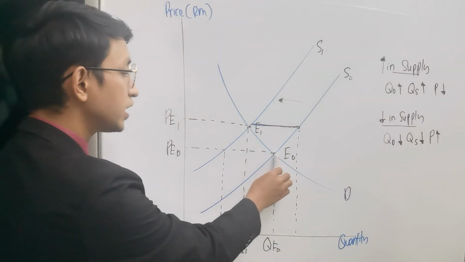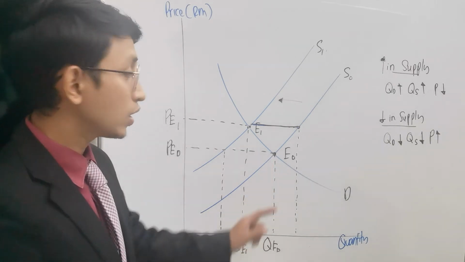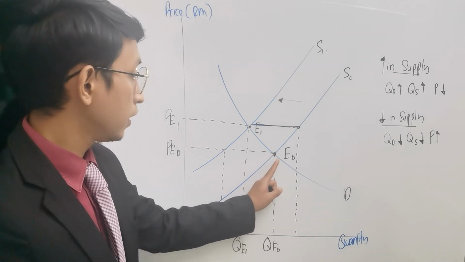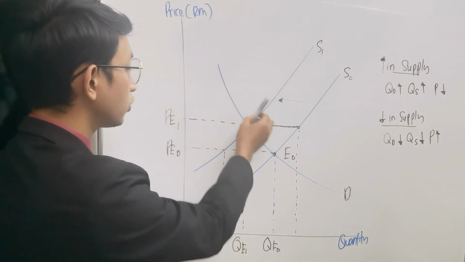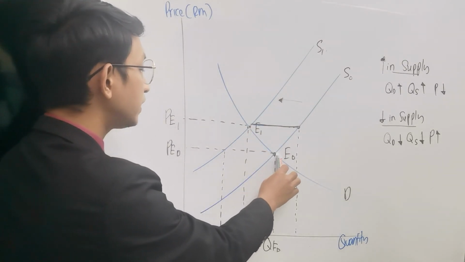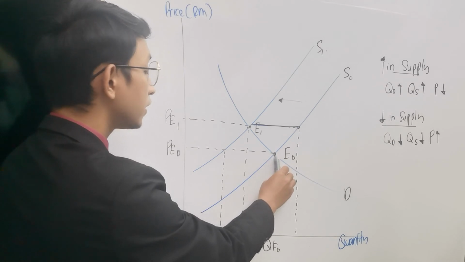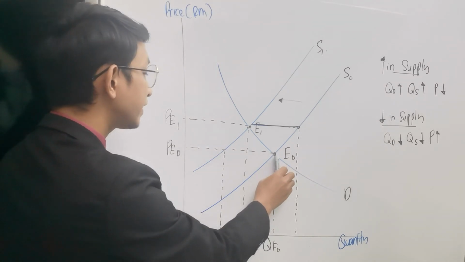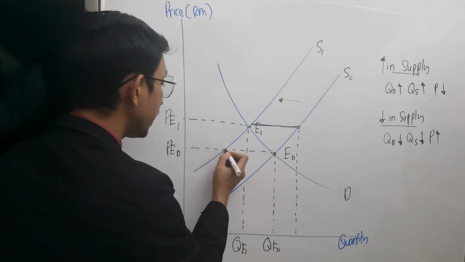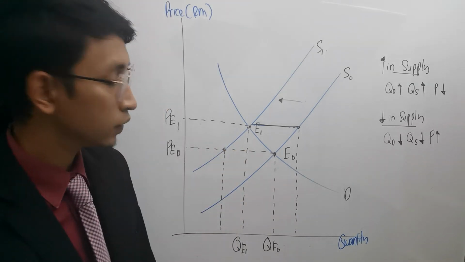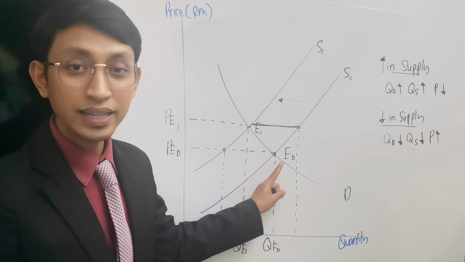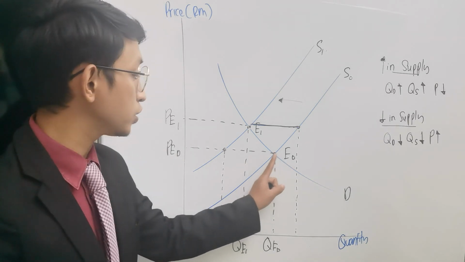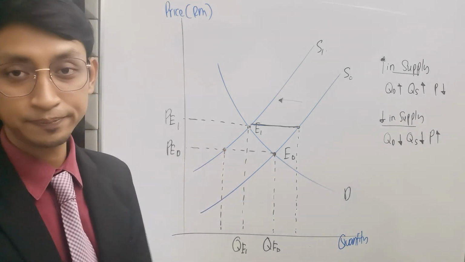So this is our original point where the quantity supplied prevailed. What happens if our supply curve shifts to the left? Then the supply will decrease from this point to this point. Remember, our quantity demanded stays here. It's just quantity supply reduced from this point to this point.